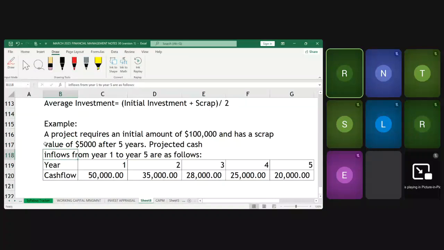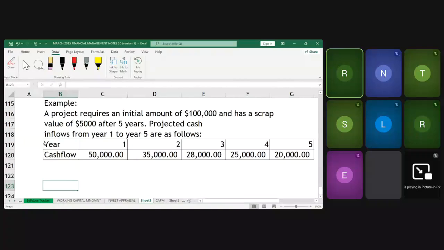The projected cash inflows year 1 to year 5 are as follows. Assume the required return is 22%.